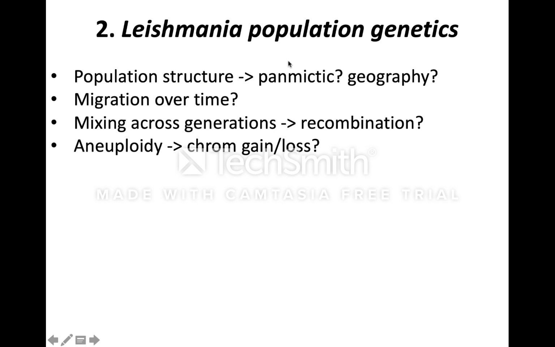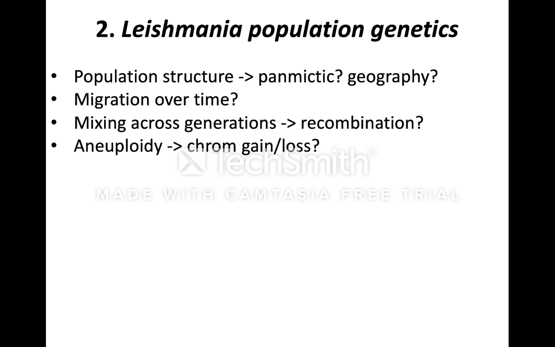So, in terms of Leishmania population genetics, moving on from the genus and the genomes, there's a number of questions we can ask ourselves. Firstly, and this is something we'll look at later, the population structure. Do we have panmixia? How much of a role does geography play in the genetic diversity that we see? Migration over time.